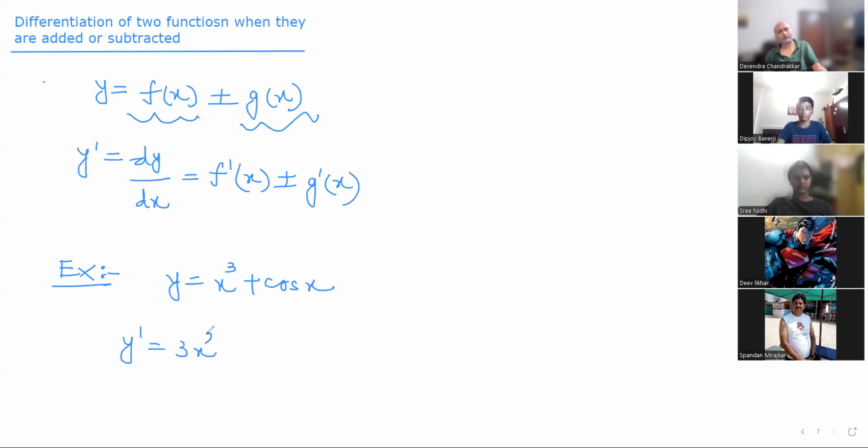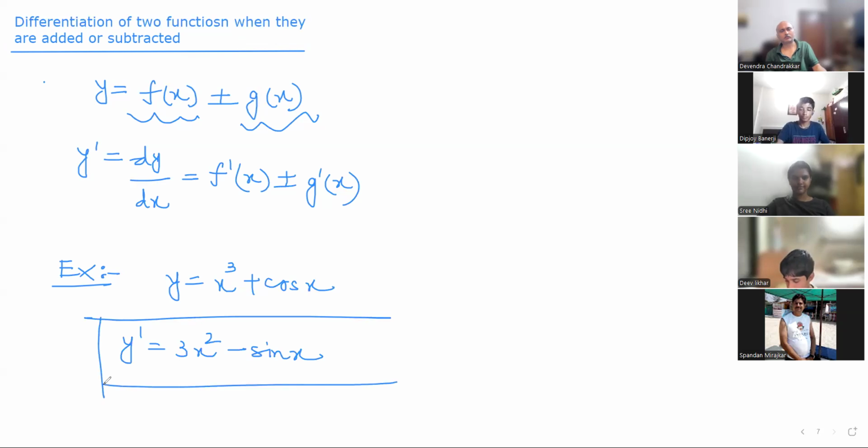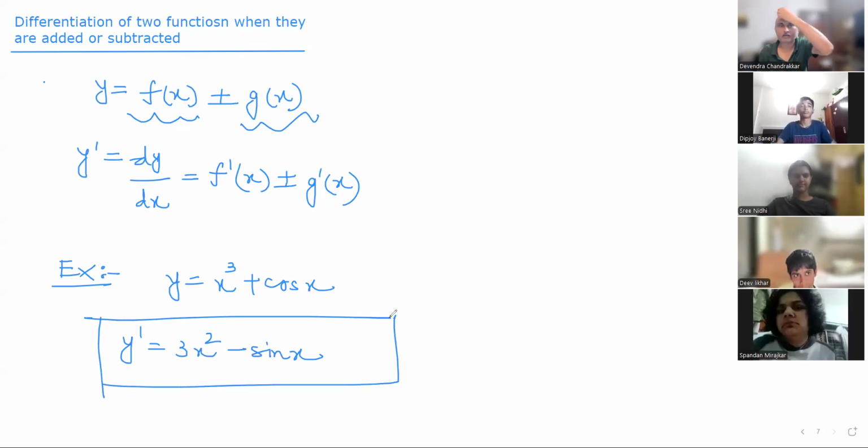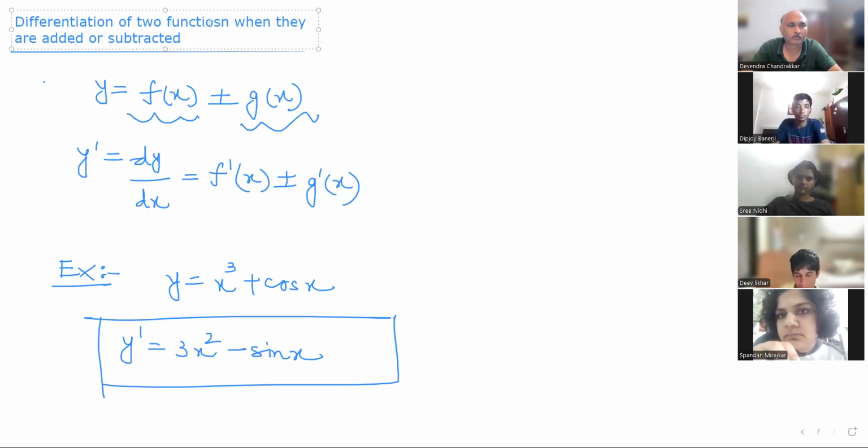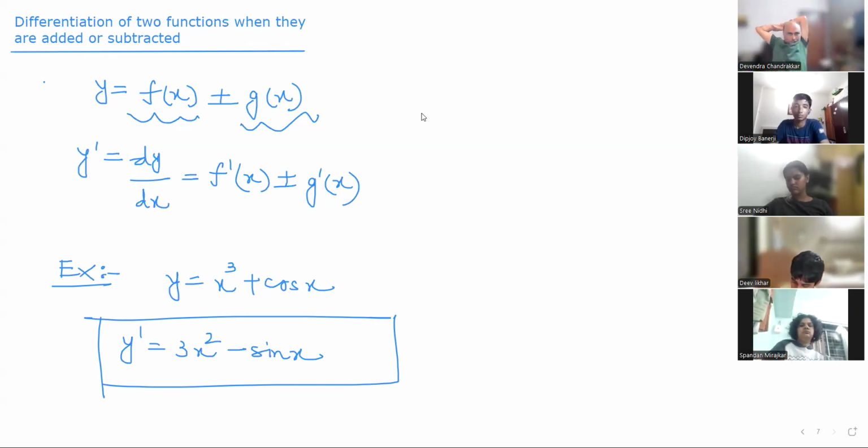It's 3x square individually differentiated, and this is minus of sin x. I hope all of you understood this. Yes or no? Right? This is differentiation of two functions when they are added or subtracted. Write it quickly.